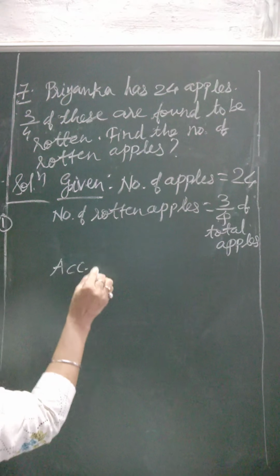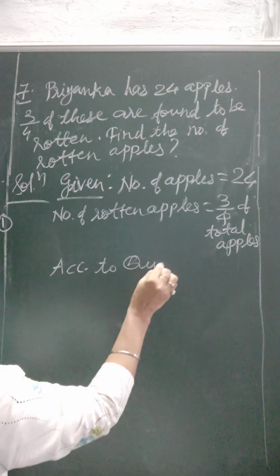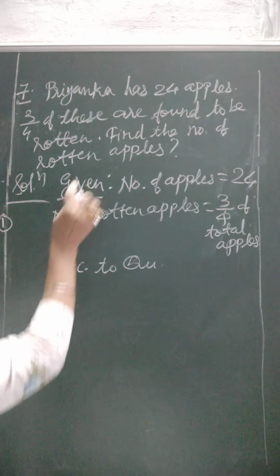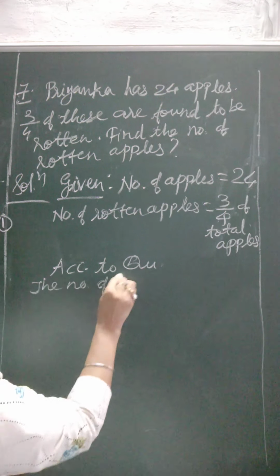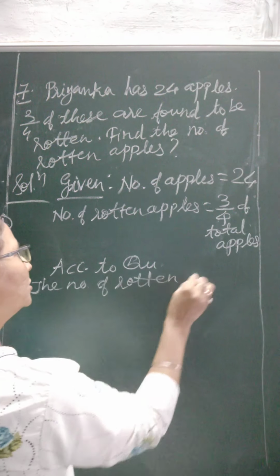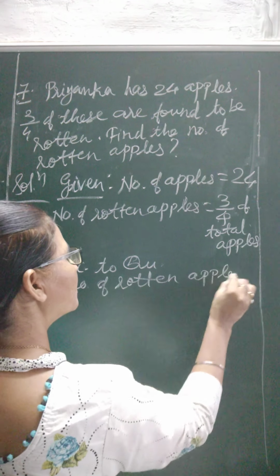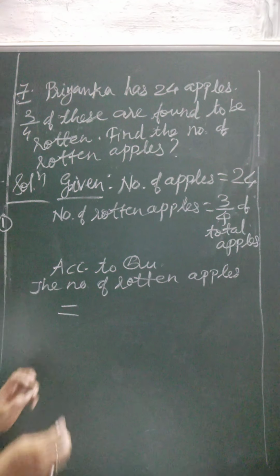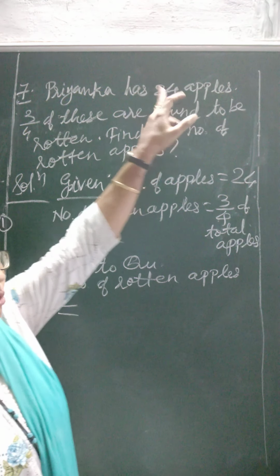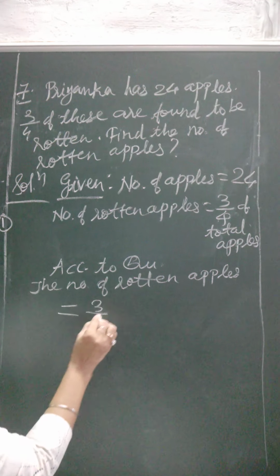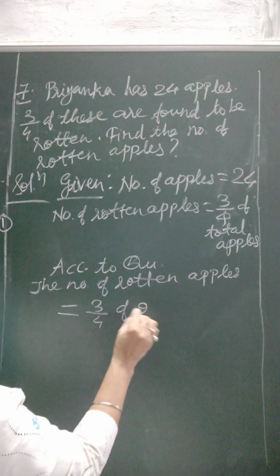So you can write like this according to the question. Let's write the number of rotten apples is equal to, according to the question, 3 by 4 of total. So 3 by 4 of 24.